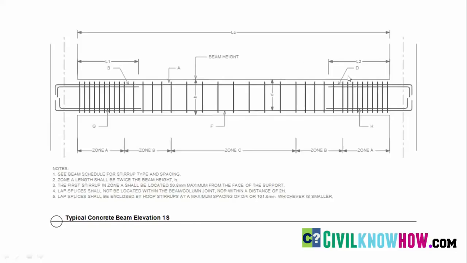B and D correspond to the extra rebar that has been provided at the top from the beam column joints, and G and H correspond to the bottom rebar. And here you can see our stirrups have been divided into 3 different zones, that is zone A, B and C, where A is the end zone and C is the central zone of the beam. For more details, you can read through the notes that are listed here.